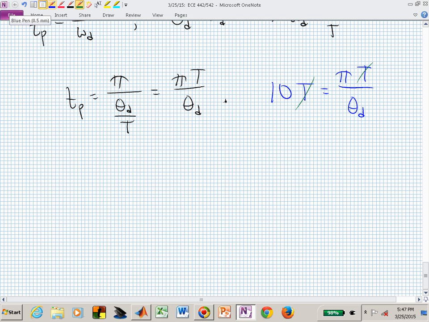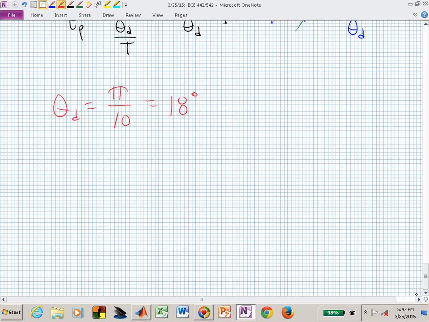Now we can solve that for theta sub d, and theta sub d is 1/10 of pi, or 18 degrees. We're 1/10 of the way around our unit circle, and we're at a radius of 0.8577, if I remember right.